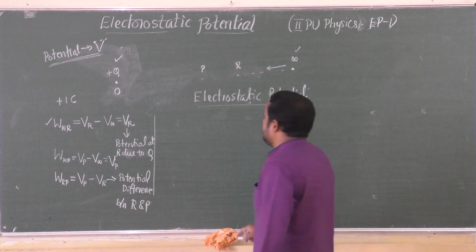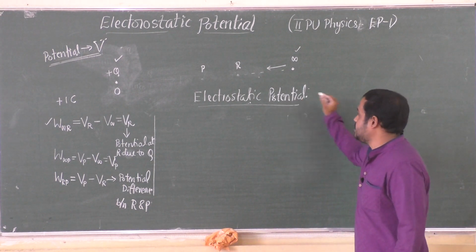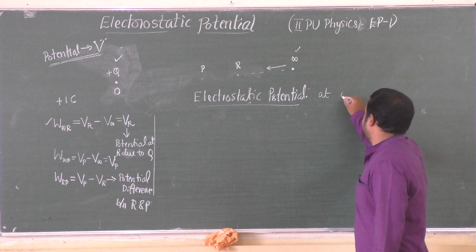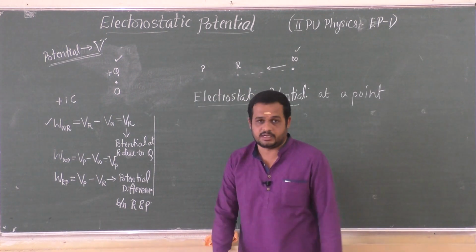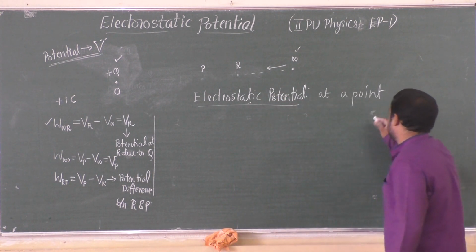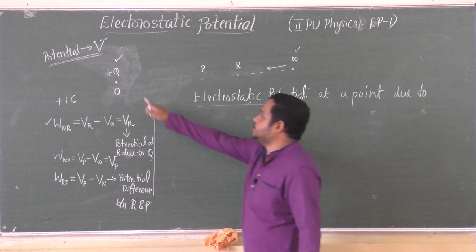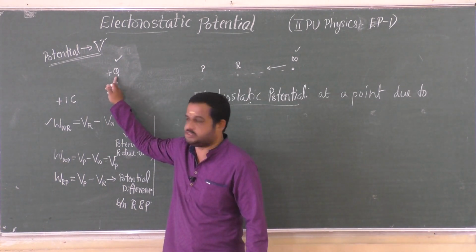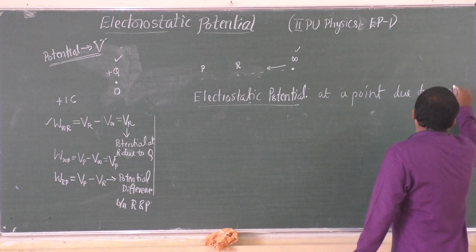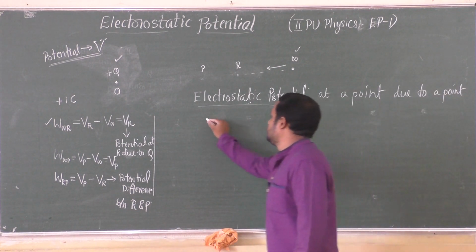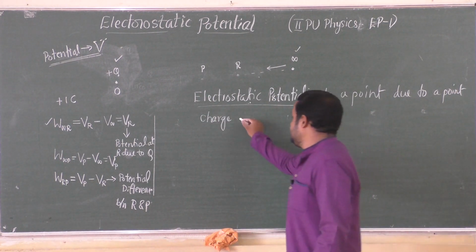Electric potential or electrostatic potential at a point, it may be R, it may be P, due to a source charge, now it is a point charge, is what?